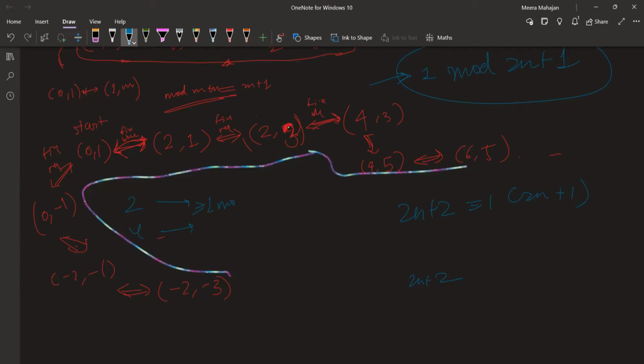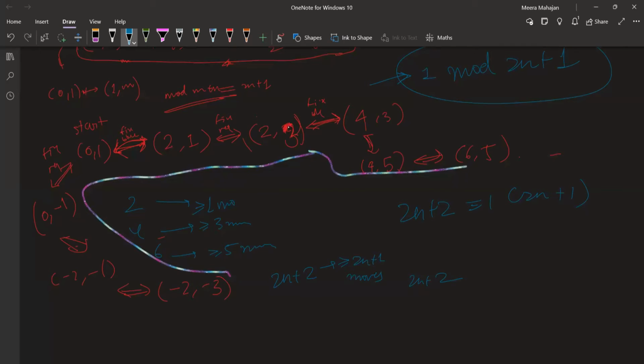If you have to reach 4, you have to take at least 3 moves. If you have to reach 6, you have to take at least 5 moves. So 2n plus 2 takes 2n plus 1 moves.